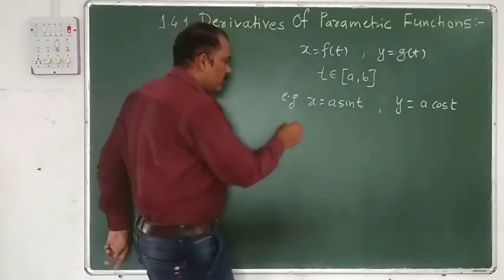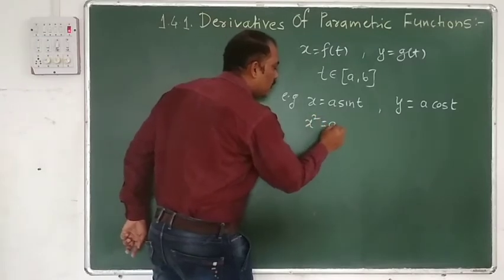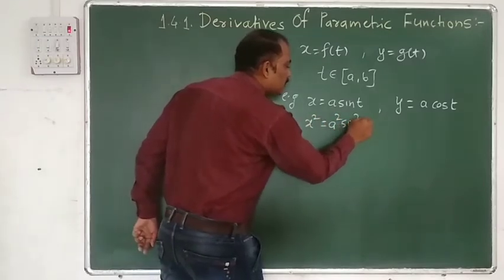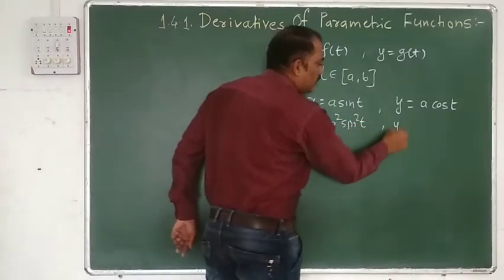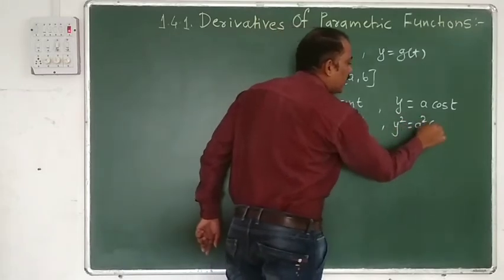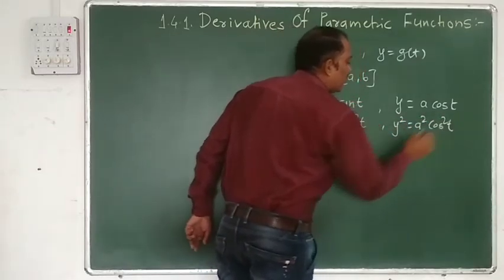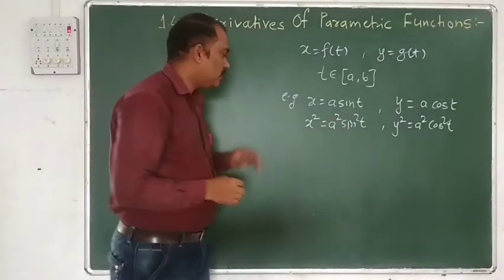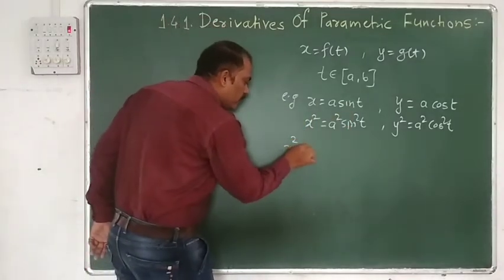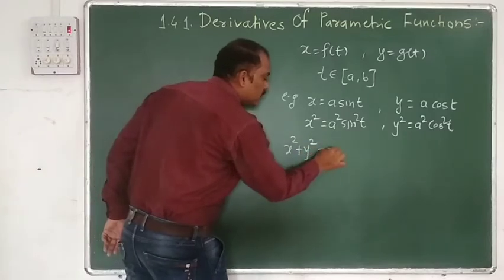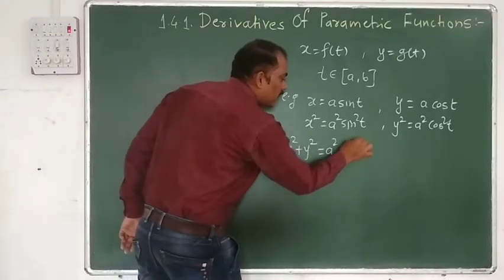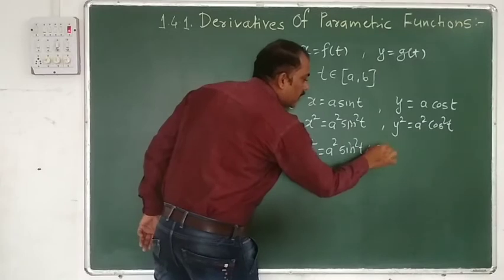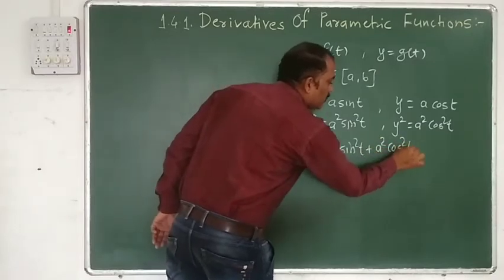Suppose that we square both sides. X square is equal to a square sin square t, and y square is equal to a square cos square t. Taking the addition of these two equations, what do we get? X square plus y square is equal to a square sin square t plus a square cos square t.